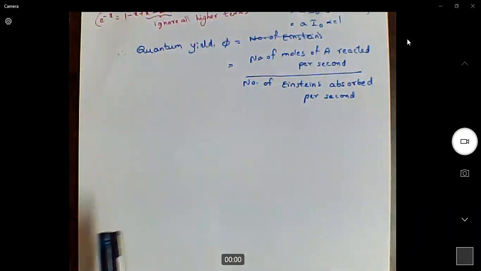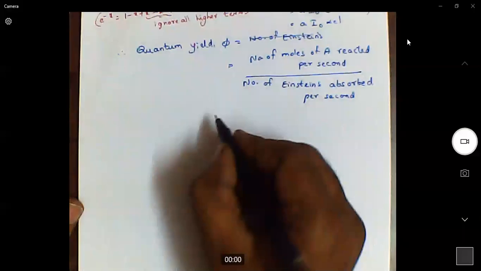So the quantum yield is number of moles of A reacted per second by number of Einsteins absorbed per second.